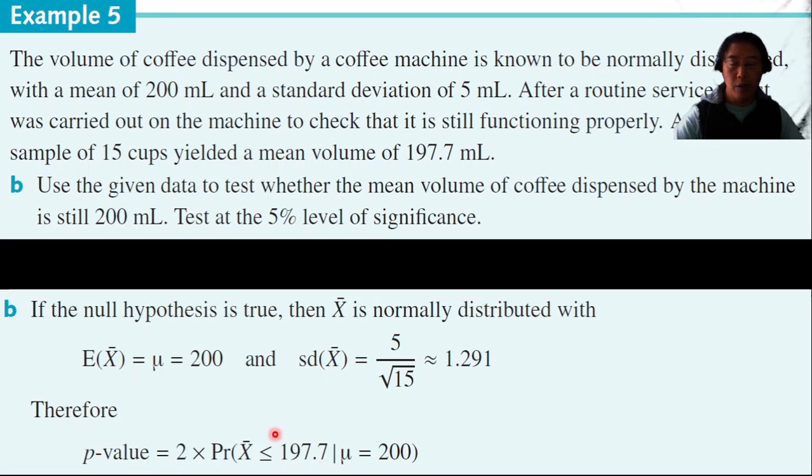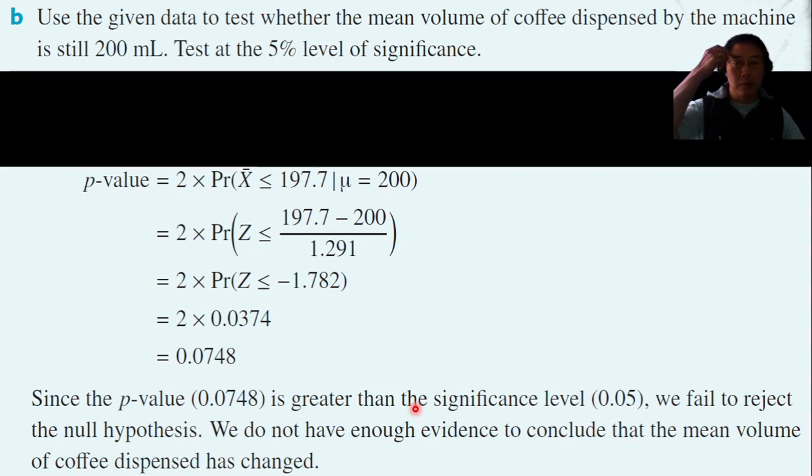With the p-value, being a two-tail test, we're going to use the probability of the one-tail test. So it's the probability of the sample mean less than 197.7, knowing that the population mean is 200. We standardize that. We determine the value, and we can use inverse normal.